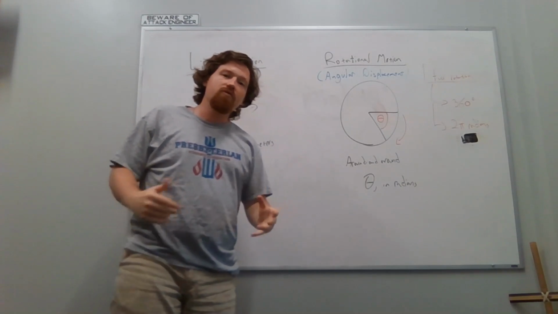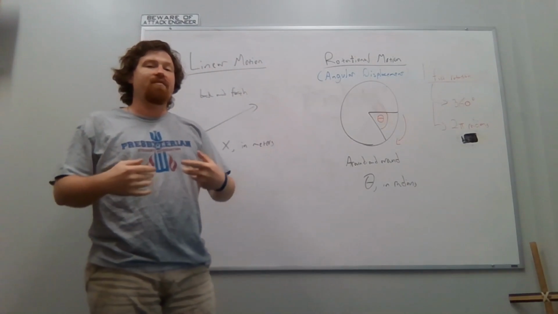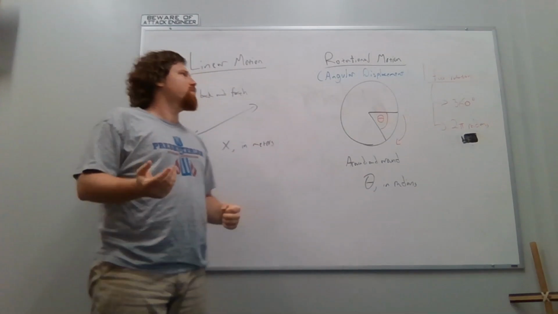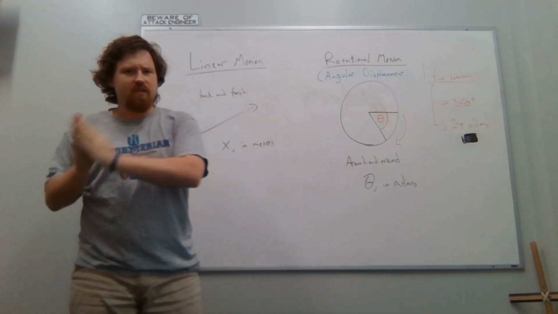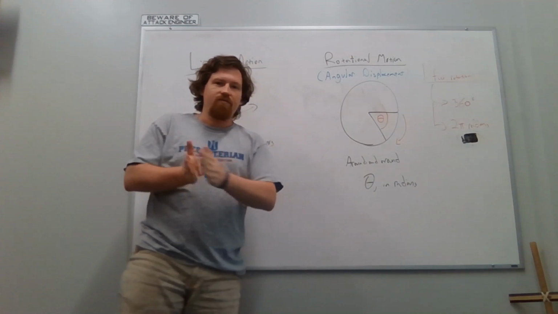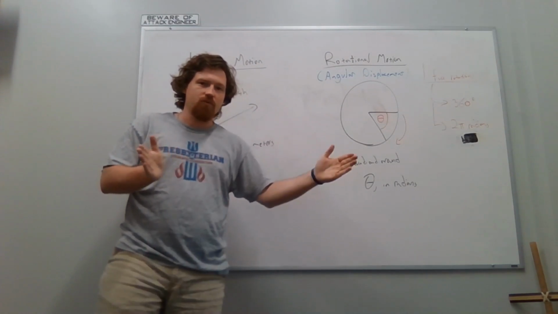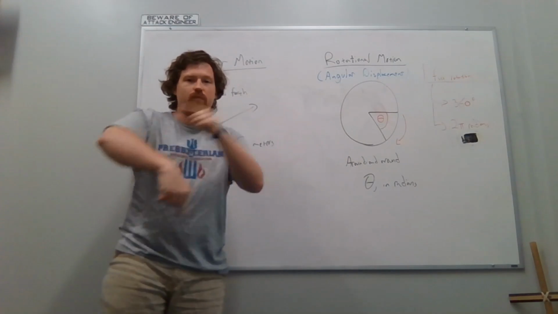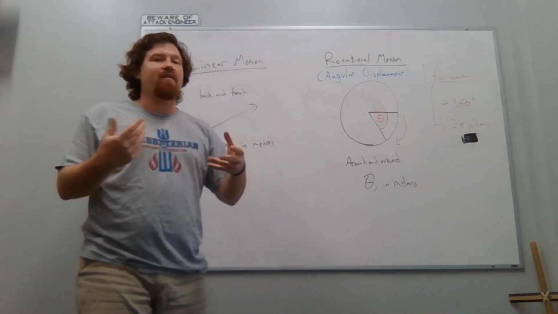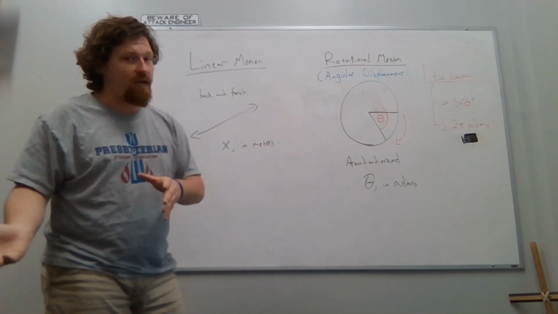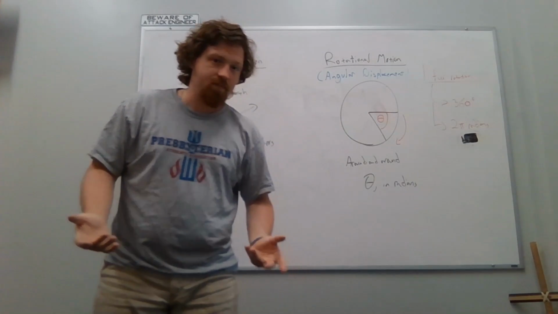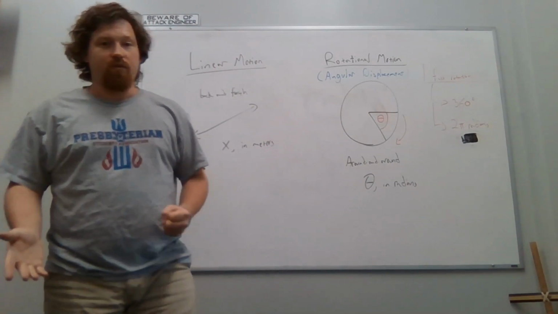If you can have a velocity linearly, you can also have a velocity angularly. If you are moving back and forth at 5 meters per second, you can also spin at an approximate speed as well. And if you can have an angular velocity that can change, therefore you must be able to have an angular acceleration. And that's what the next couple slides are going to be about.